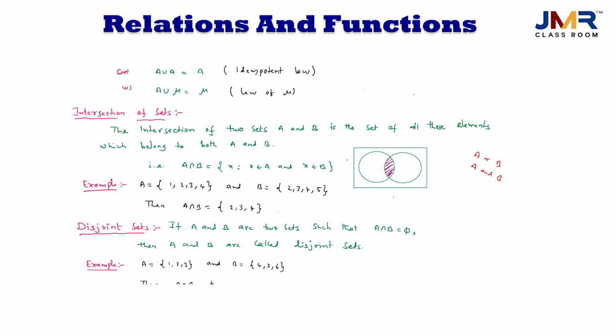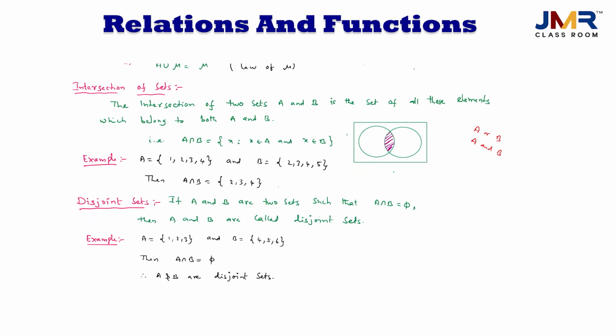Now, example: if A equals {1, 2, 3, 4} and B equals {2, 3, 4, 5}, then for A intersection B you have to take the elements present in both the sets. So 2 is present in both the sets, 3 is present in both the sets, 4 is present in both the sets.